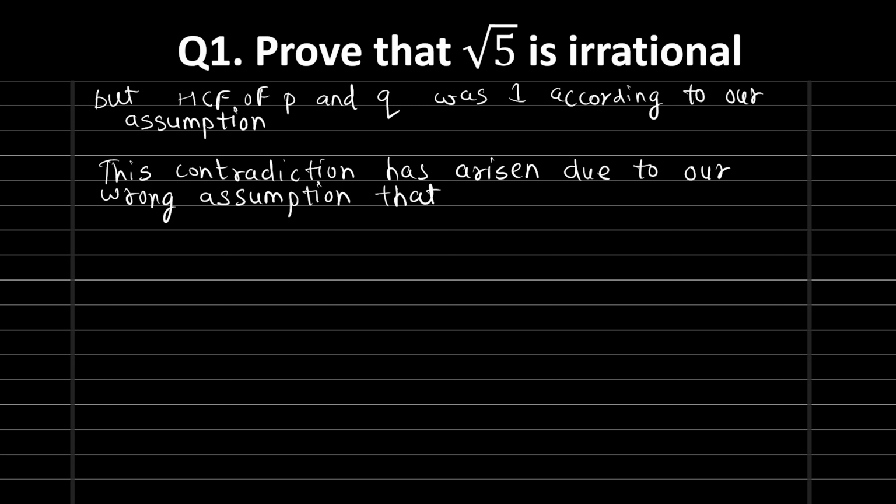Our assumption was that root 5 is rational. So this contradiction has arisen due to our wrong assumption that root 5 is rational, which implies root 5 is irrational.